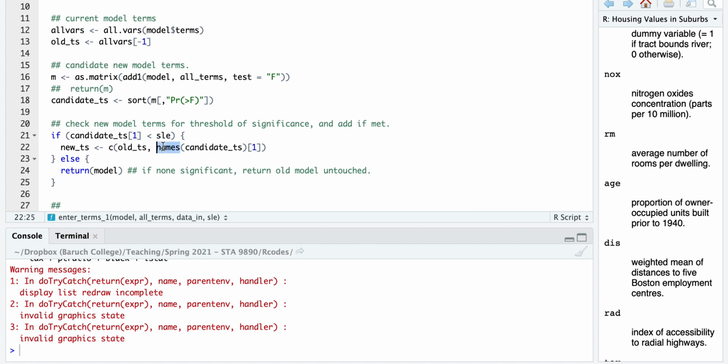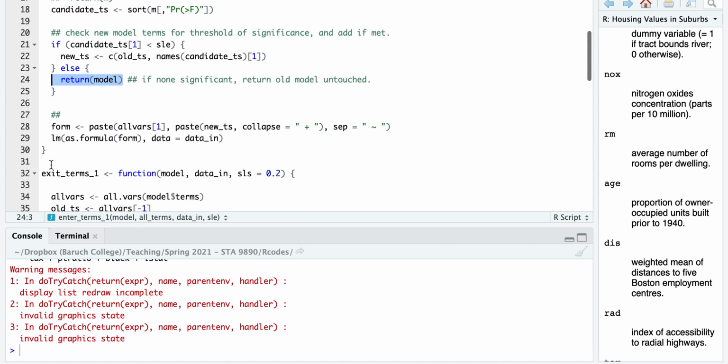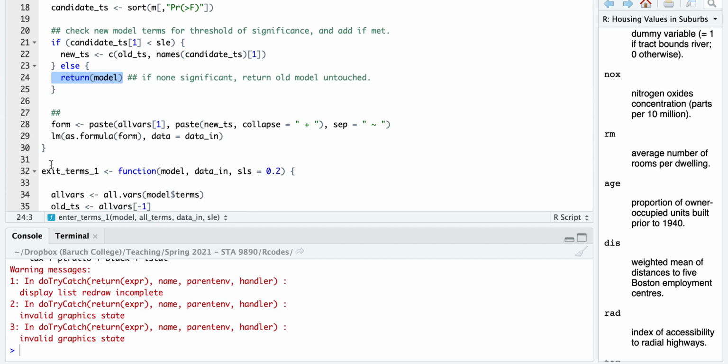Take the name of that candidate predictor, together make it the new name of the predictors. Okay, and if it doesn't pass the threshold, just return this model. None is significant, return old model untouched, and that's that.